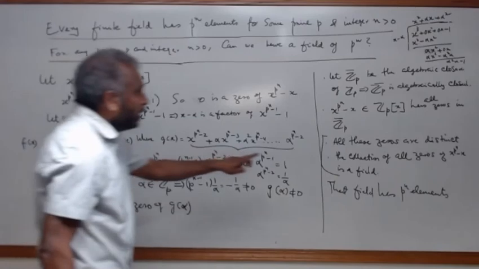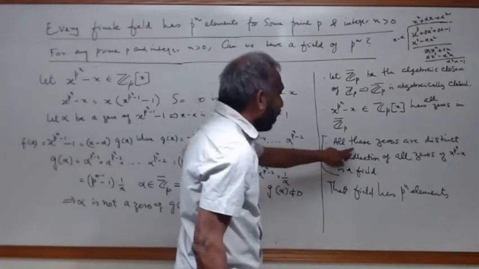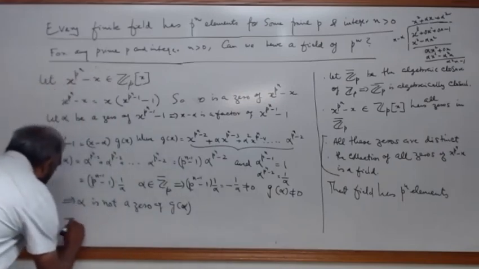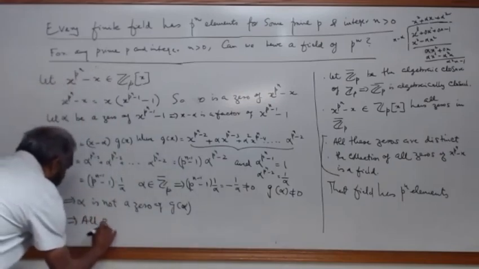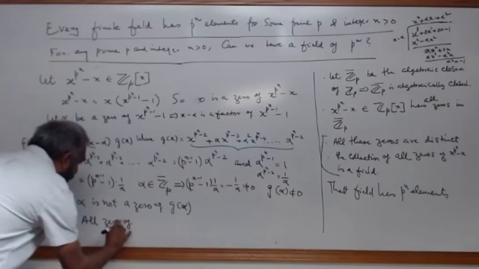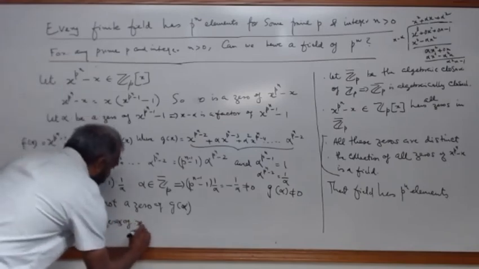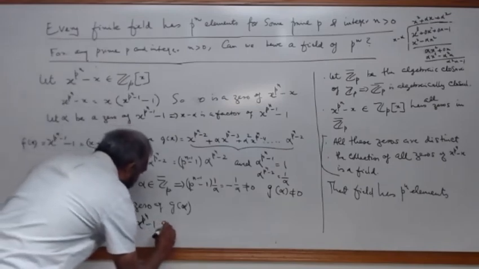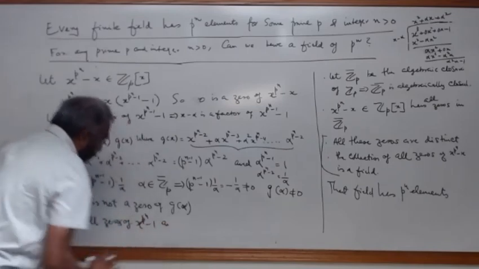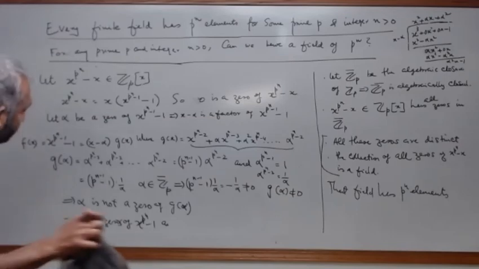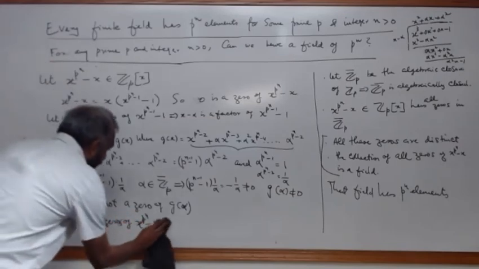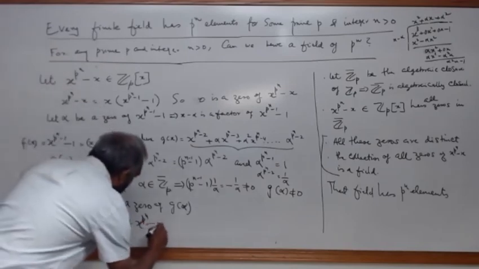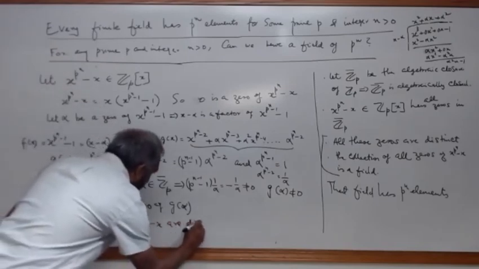And that is what we want to prove here. All these zeros are distinct. So that implies all zeros of x to the power of p to the power of n minus 1 or x to the power, let us write minus x, are distinct.